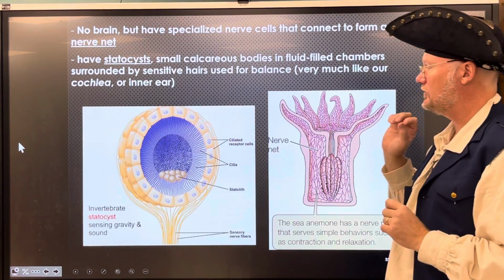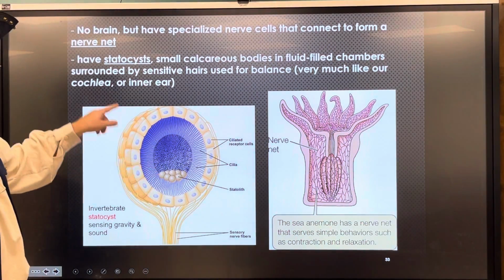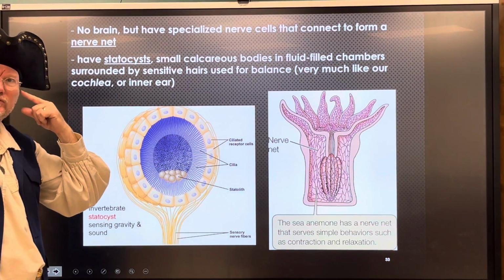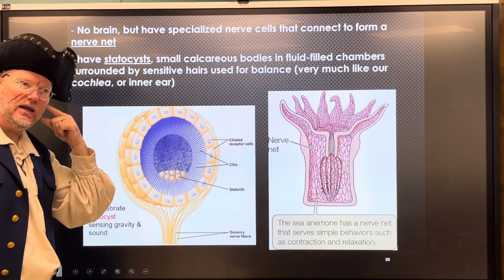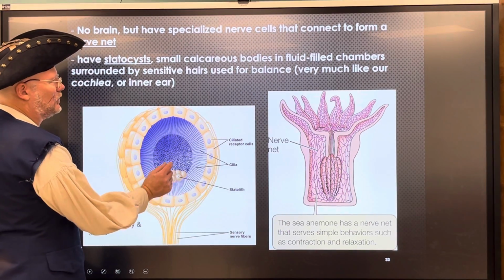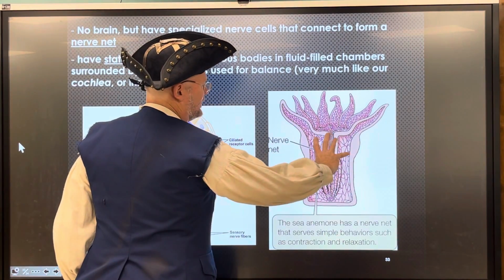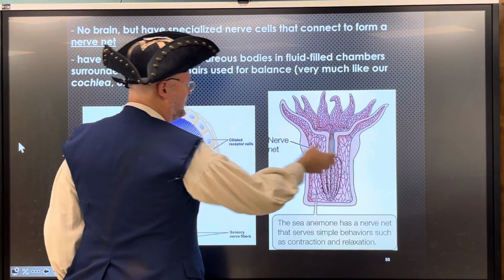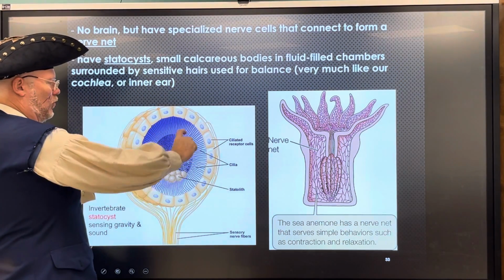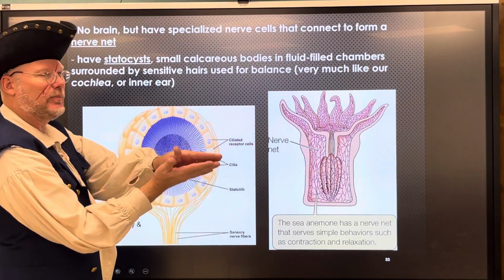They have something called a statocyst, which is very similar to our cochlea, that snail-like looking organ in the inner ear. And they have these little tiny stones called statoliths that if you were to turn this organism sideways, like pull it off and turn it sideways, these would move. And they would tell the organism that, hey, you're not upright.